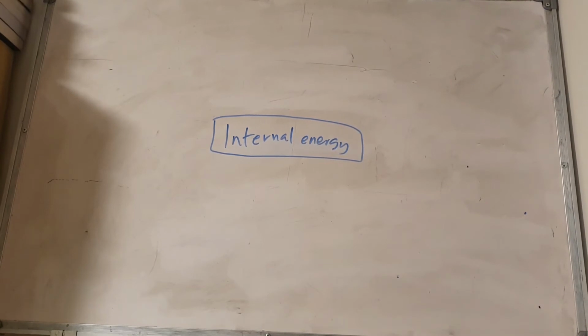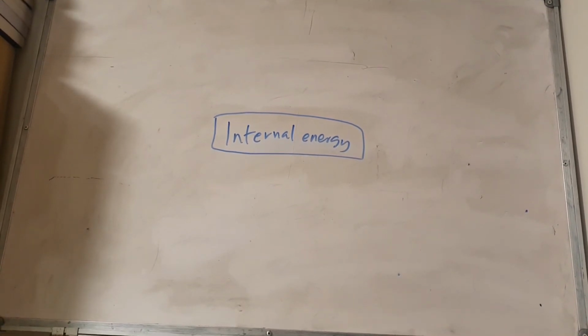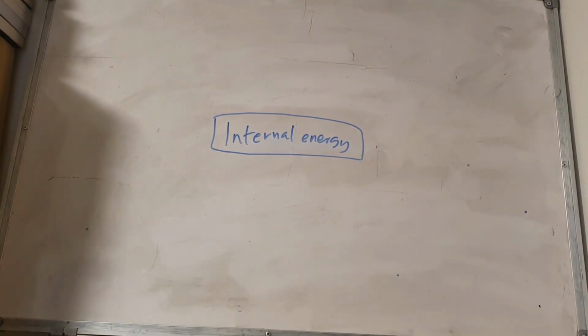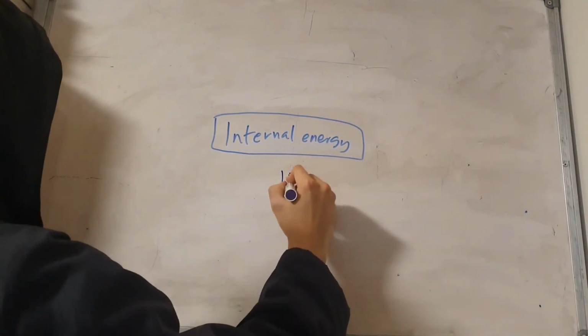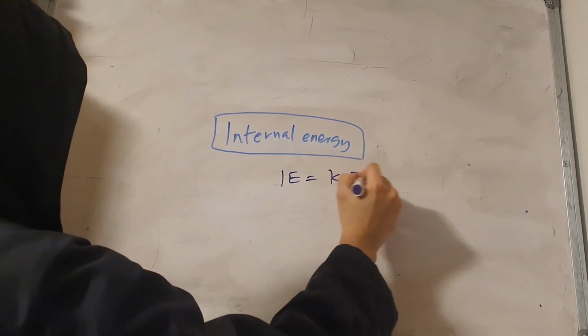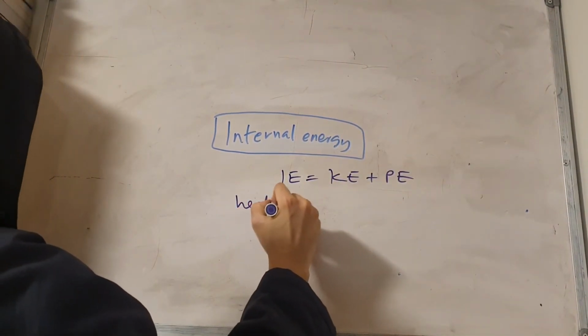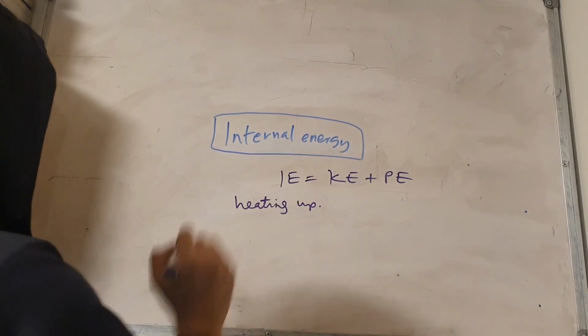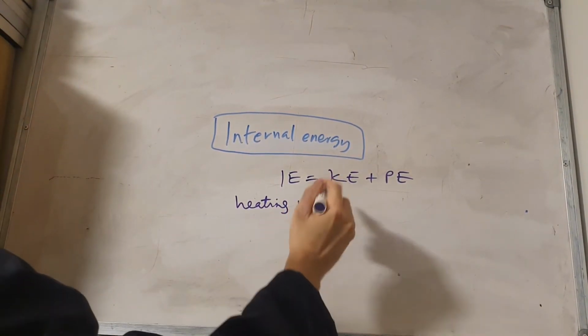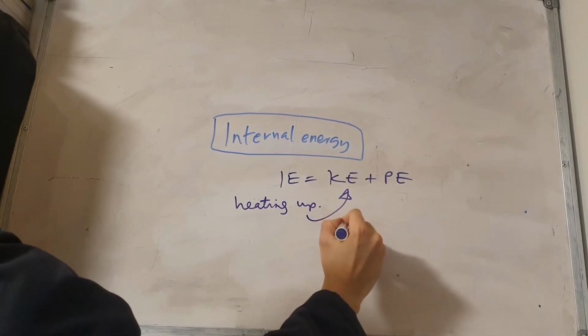Now, what happens when you heat up a substance? What happens to the internal energy? If the internal energy is the kinetic energy plus the potential energy, and you're heating it up, what happens to the kinetic energy? That will increase.